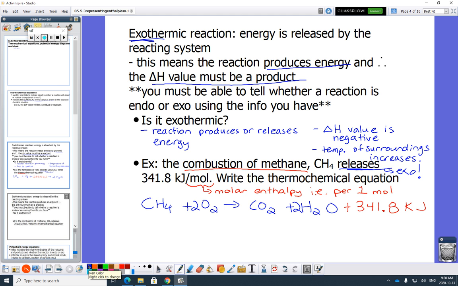Really, most of the time it is going to be 1 mole here. Okay, this coefficient will be 1.